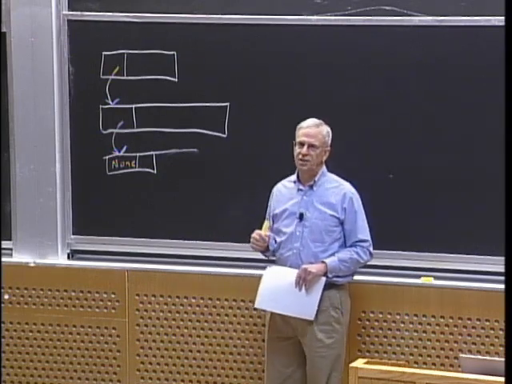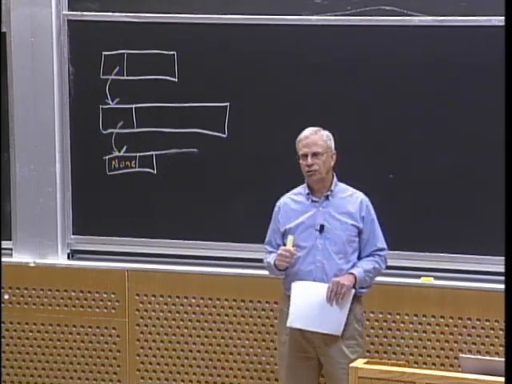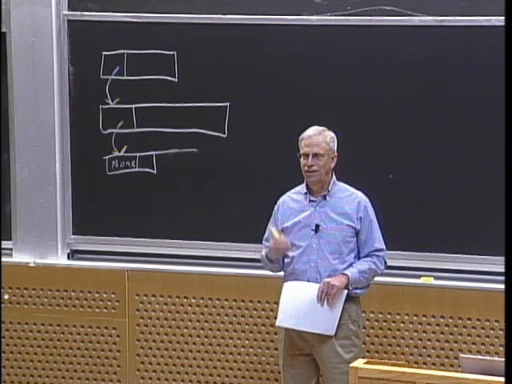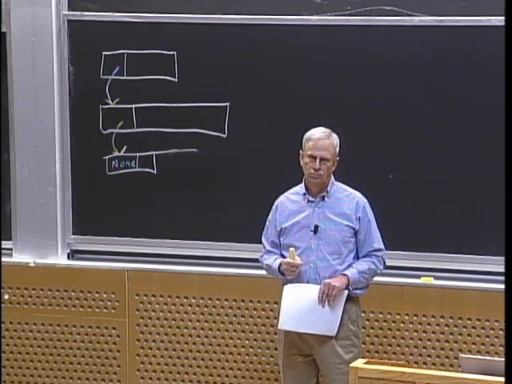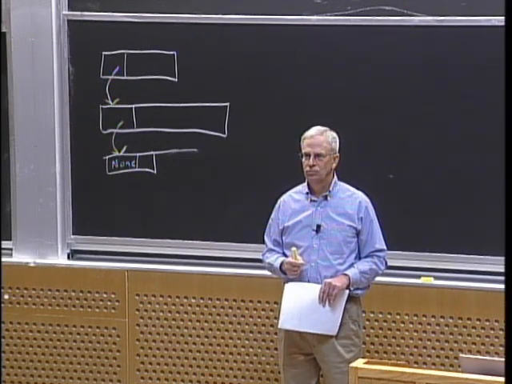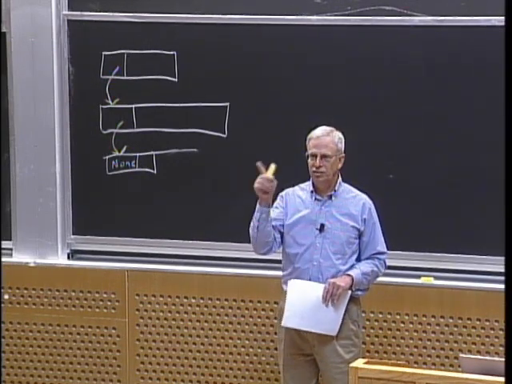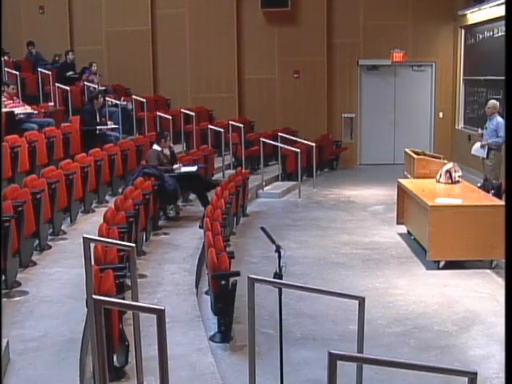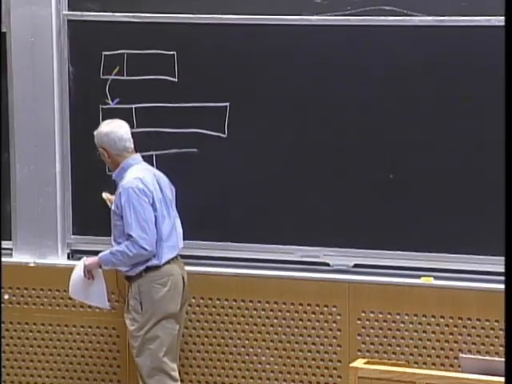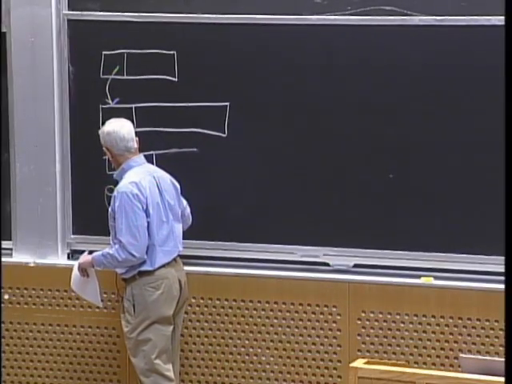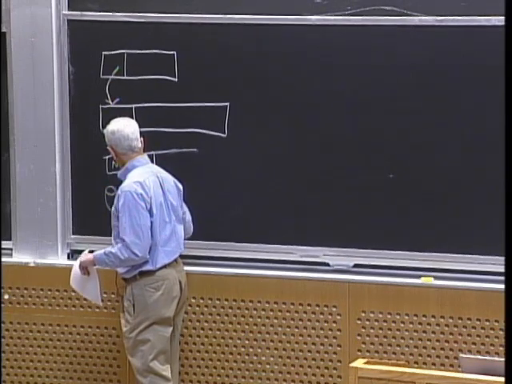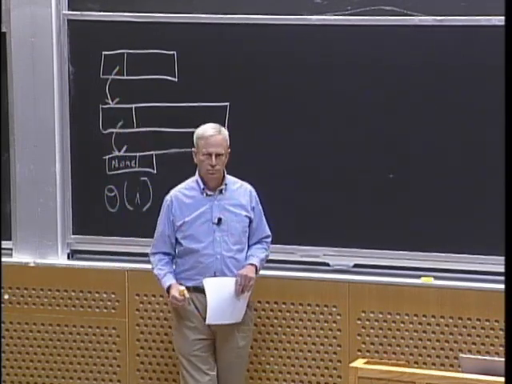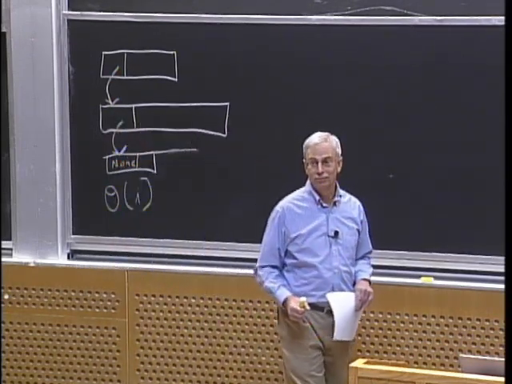Well, what's the cost here of accessing the ith element of the list? Somebody? How many steps does it take to find element I? I steps, exactly. So for a linked list, finding the ith element is order I. That's not very good, right?